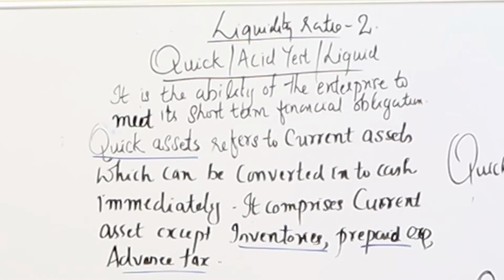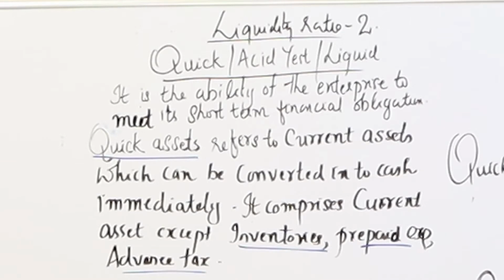Quick asset refers to current asset which can be converted into cash immediately. Those assets are quick assets, either in the form of cash and cash equivalent, or they can be converted into cash within a very short period.